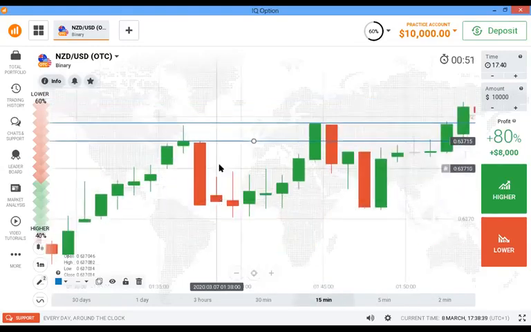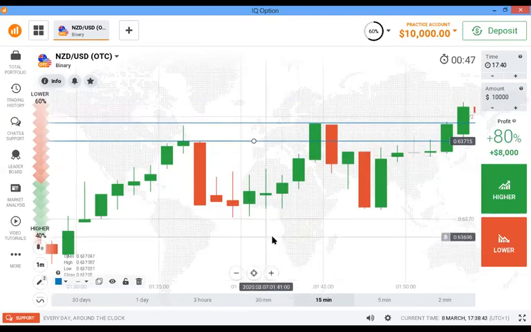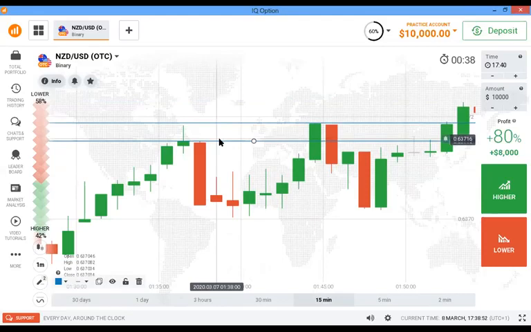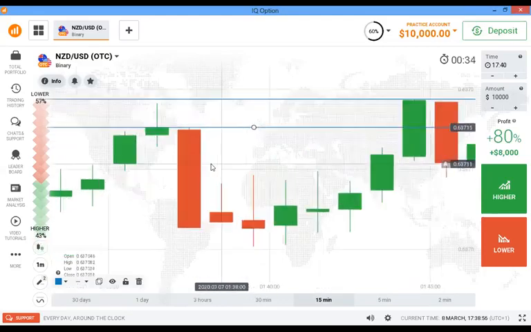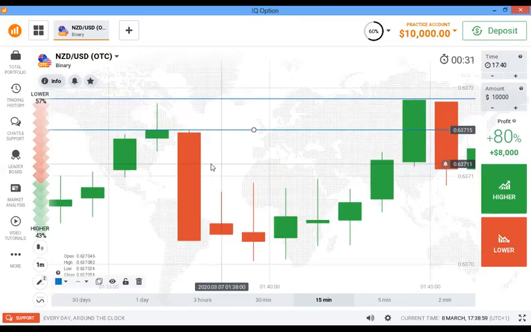Most of the time I use one line because I already know where I will place the other line. So I just place one line. But in the last video which I just uploaded, I used two lines just to let you know the strong levels, the strong area.